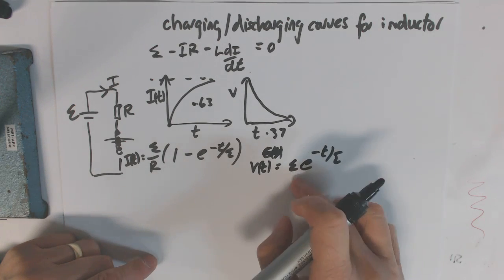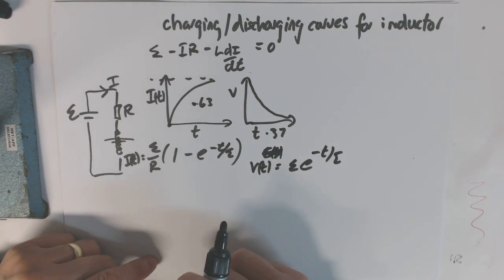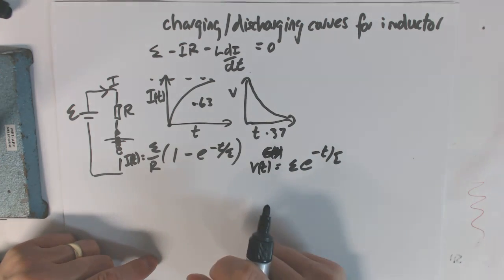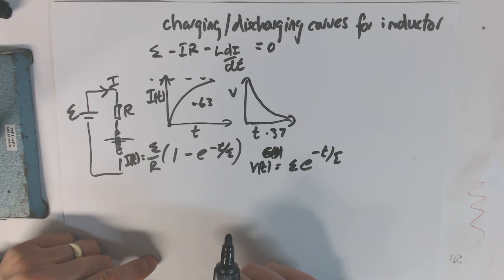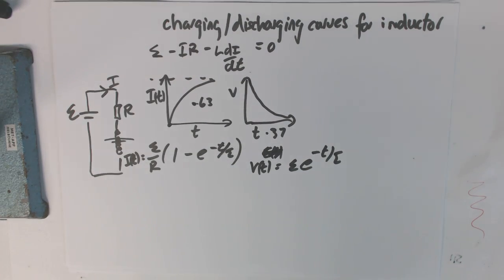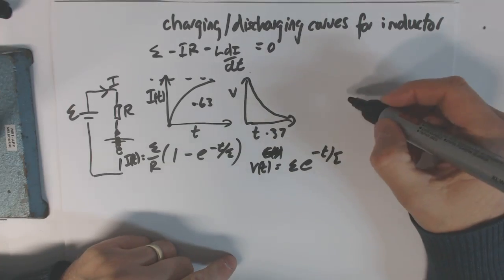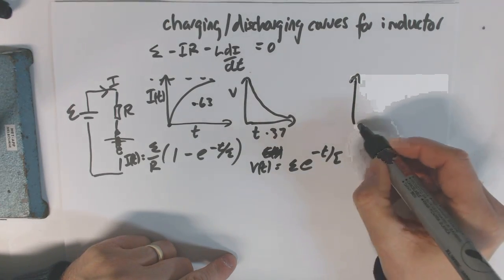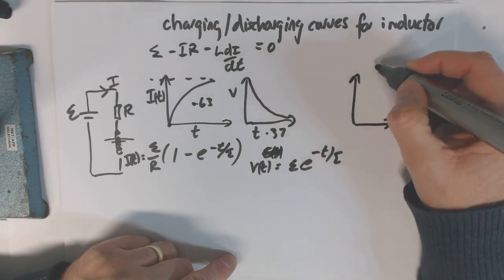Starts off high, gets less. When it equals 1 time constant, it's 0.37. 2 time constants, E times 0.37 squared. If you want to know how we get a bigger voltage in that when we discharge it, I've done another little video on that, but let's just present the discharge curves.